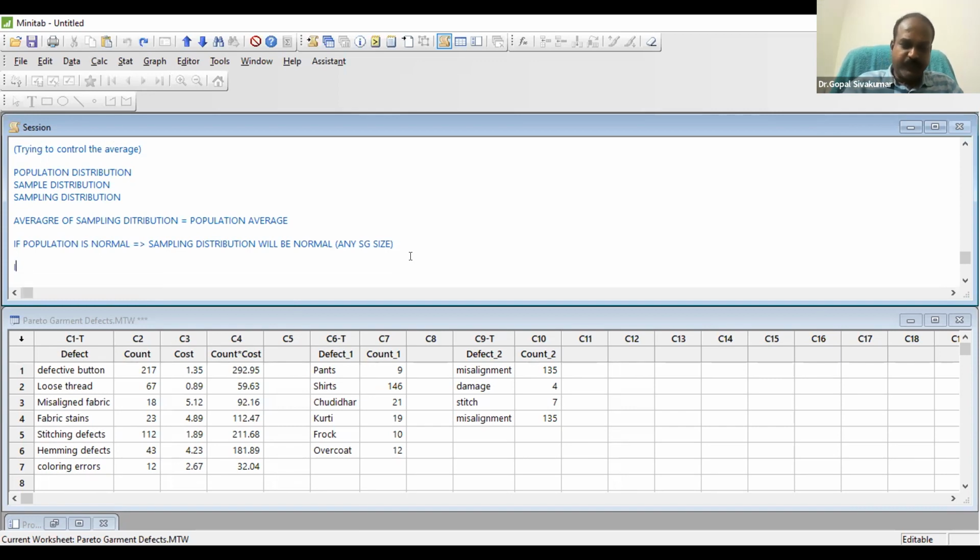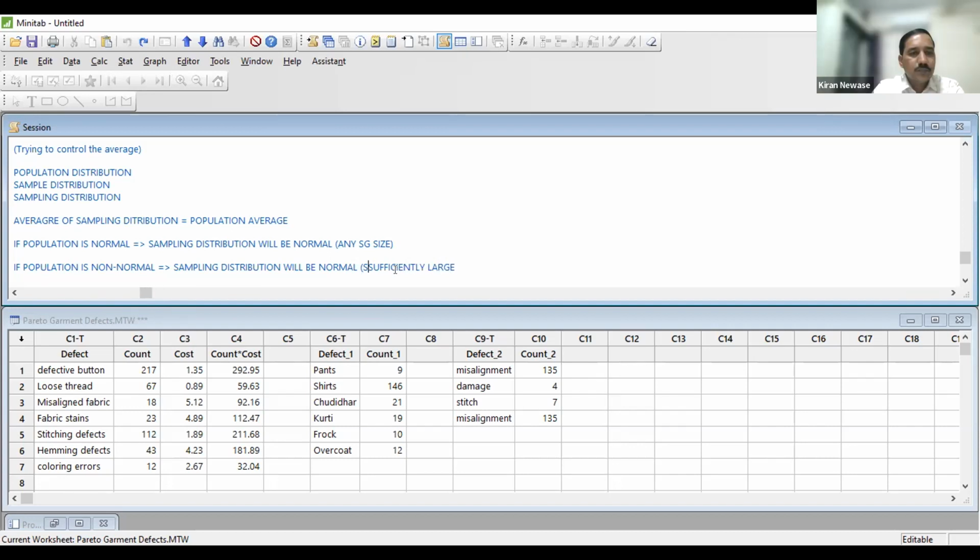Okay, another scenario. If the population is non-normal, then also the sampling distribution will be normal. The only requirement is the subgroup size should be sufficiently large.